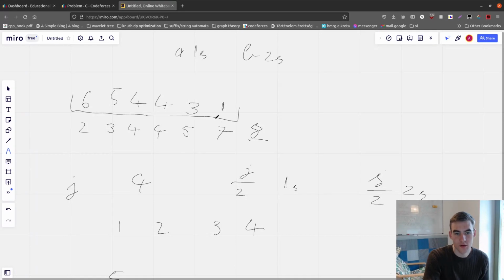And I need to use my a 1's and b 2's to make all these numbers. Can I do this greedily? No, I don't think I should. The 1 must be done with a 1.